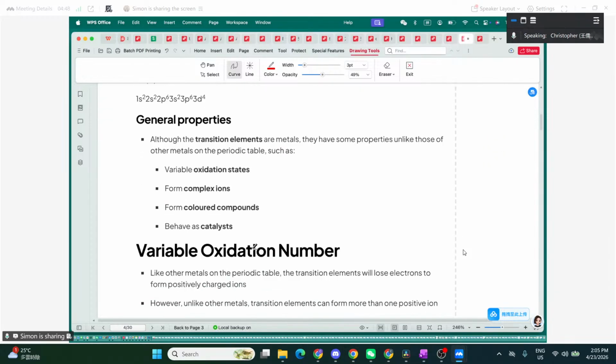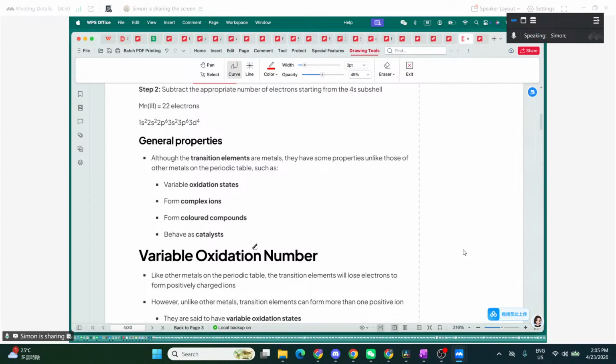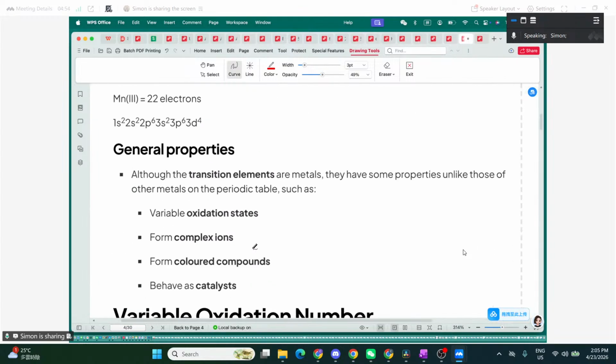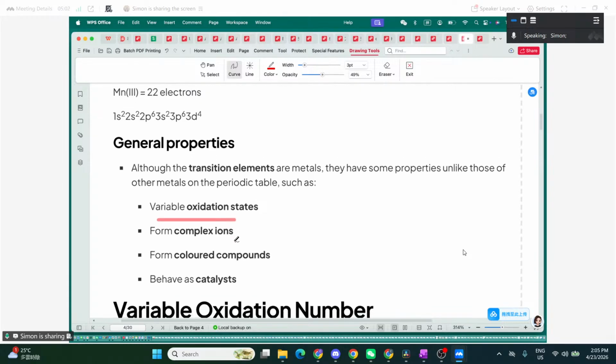And there are some general properties of transition metals. The transition metals have four properties. The first property is variable oxidation states. If the metal is a transition element, it probably has variable oxidation states.